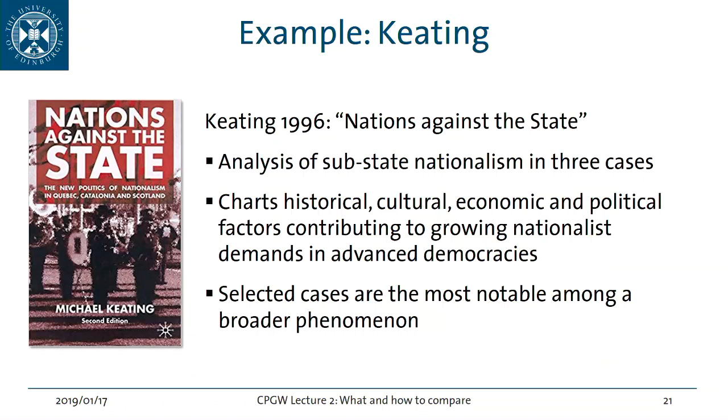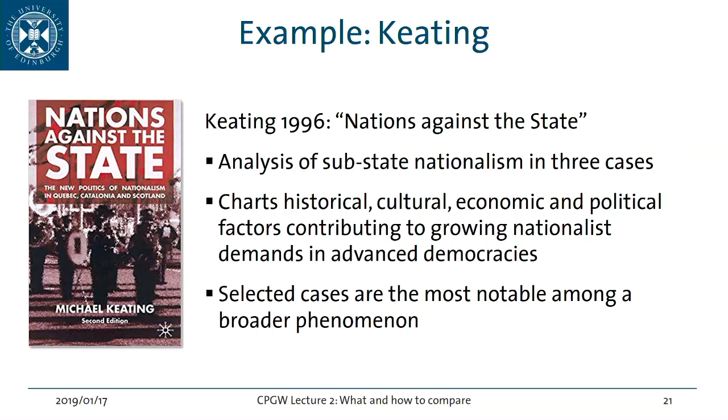One example, I don't think I put this in the reading list, but it's still a good book. It's a seminal book, a very important book, very widely read, Michael Keating's Nations Against the State, in which he discusses a couple of instances in which there are clear subnational entities or territories that are trying to achieve some level of independence from the nation state that is on top of them.